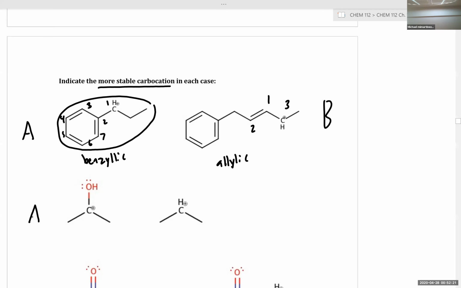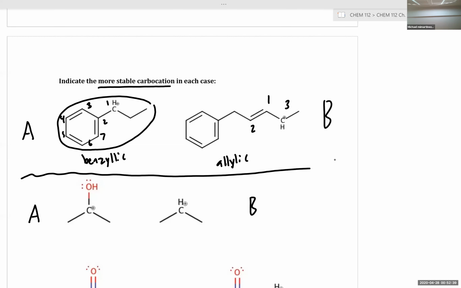Okay, let's try this next example, A or B for this second block. Which carbocation is more stable, A or B? And don't be shy to type in the chat.